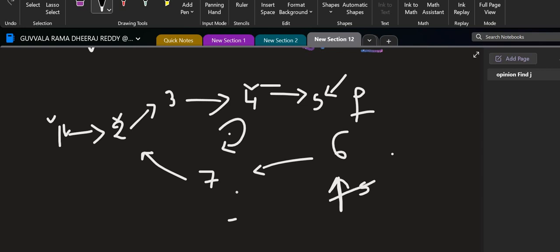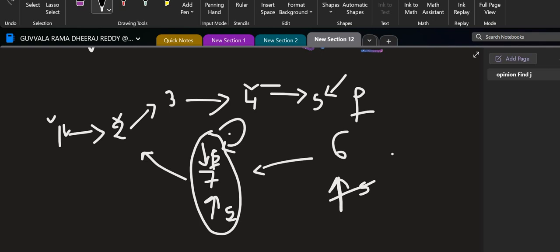Slow pointer will go to the next node, and fast pointer will skip this and go to here. That means they are meeting at a point, at a node.